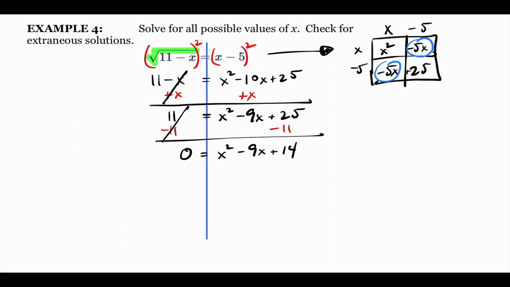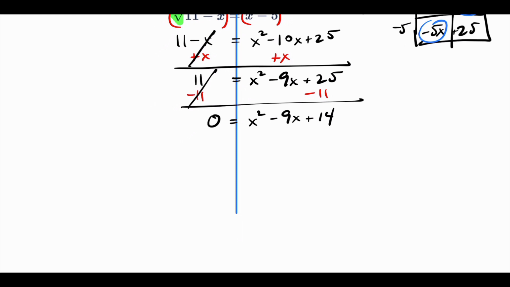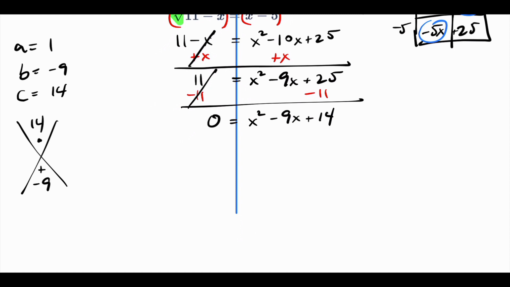All right. No GCF, so I go to ABC. Okay. So A is 1, B is -9, C is 14. So I get 14 and -9, which is going to be -7 and -2.